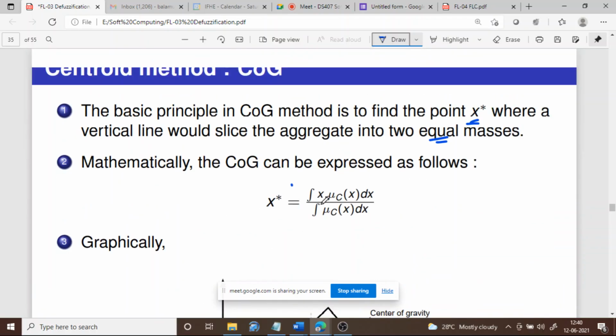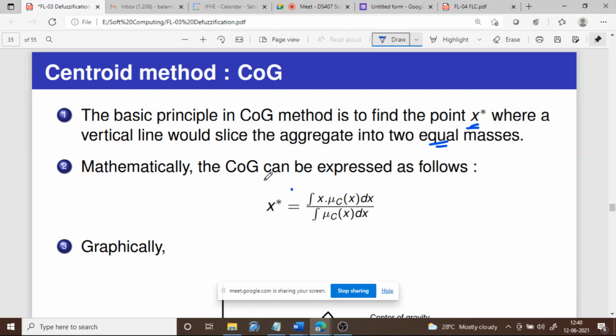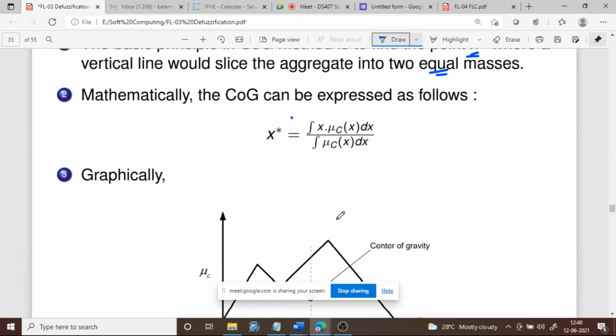Mathematically, the center of gravity method can be expressed like this: x star is equal to the integration of x into membership function of x dx, divided by the integration of membership function of x dx. We'll discuss this with an example, but just try to understand this as a formula.